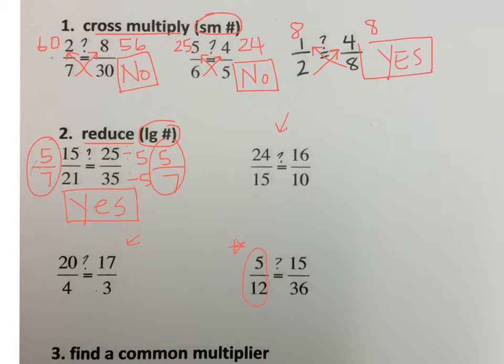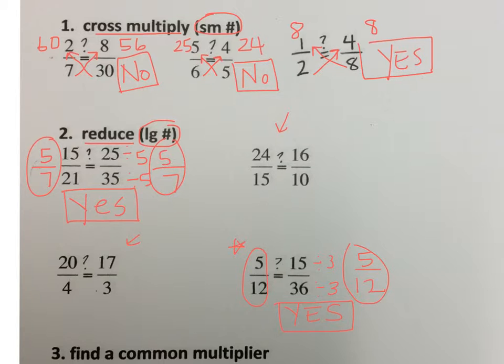I know that 15 and 36 can both be divided by 3. The sneaky devil again. This would be 5. 15 divided by 3 is 5, and 36 divided by 3 is 12. Guess what? They are equal, and this is a yes. These two ratios do form a proportion.